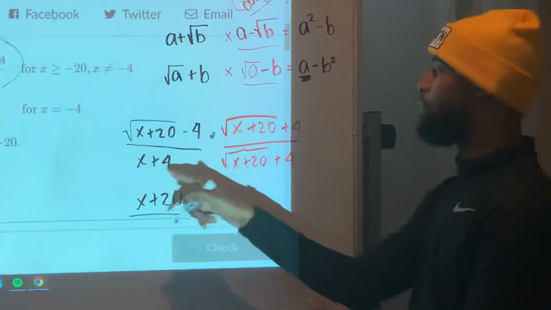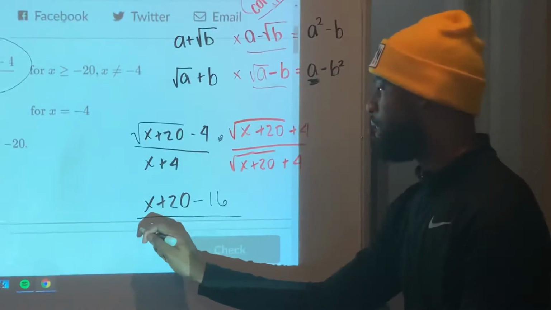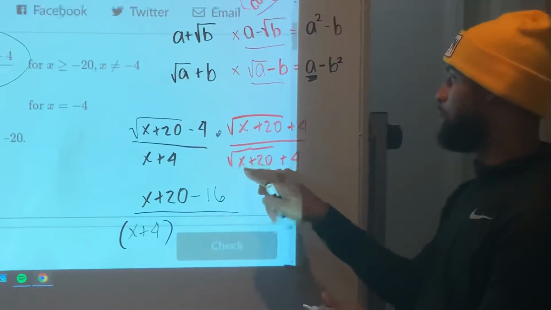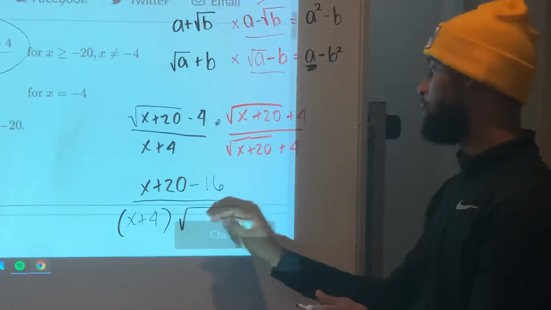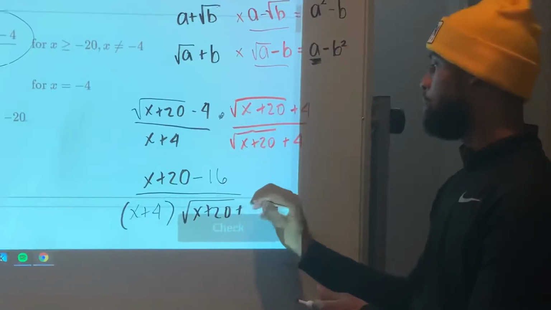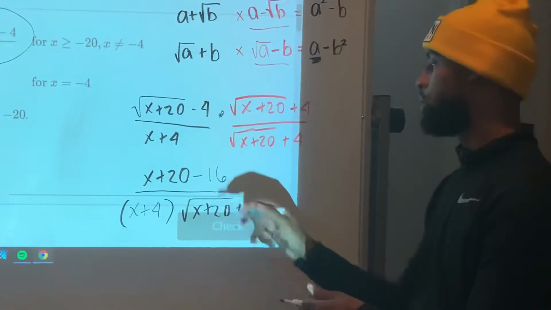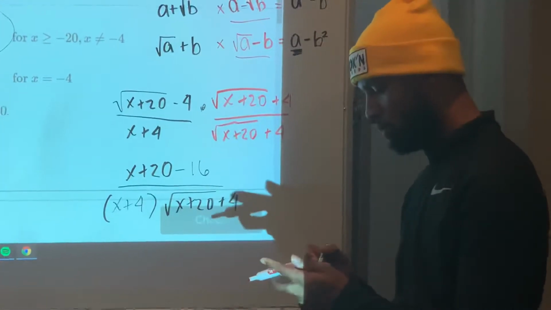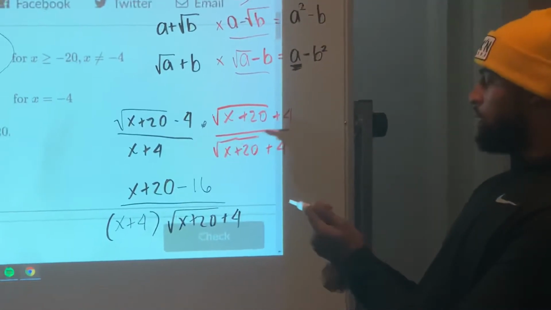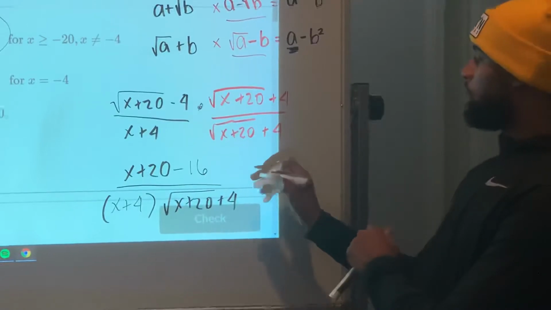Now down here, I'm not going to multiply these out. I'm just going to leave it like this: x plus 4 times the square root of x plus 20 plus 4. Alright, I can simplify this. 20 minus 16 is just 4.